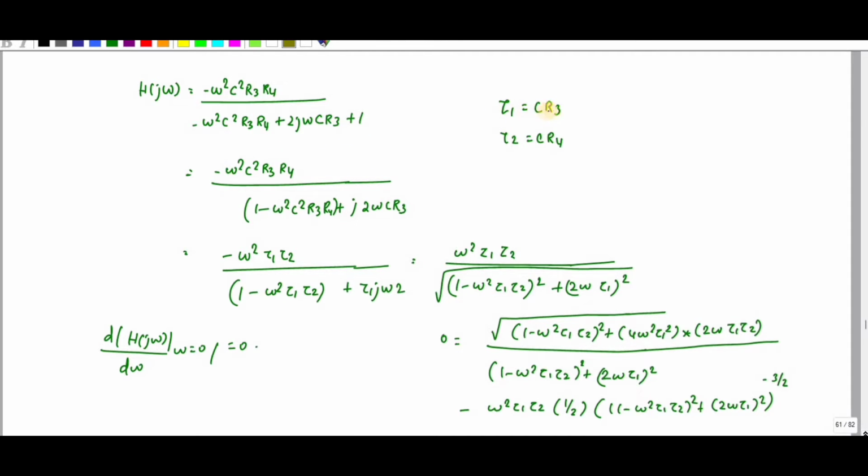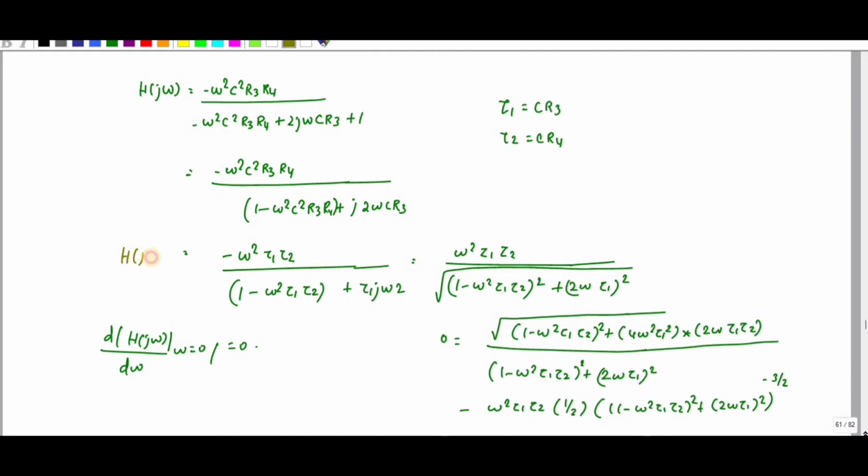I am going to take tau 1 equal to C R3 and tau 2 equal to C R4, and substitute in this equation. I can write this as minus omega square tau 1 tau 2 divided by 1 minus omega square tau 1 tau 2 plus 2 j omega tau 1. Now I am going to take the modulus of this value.